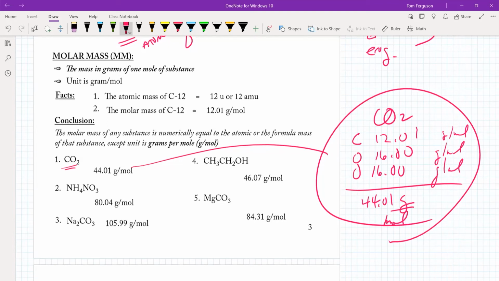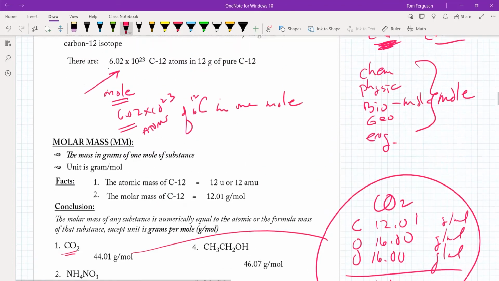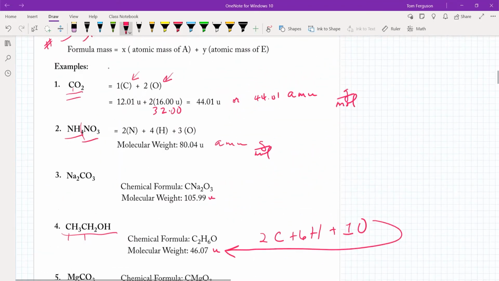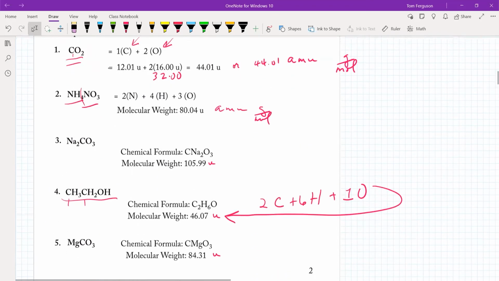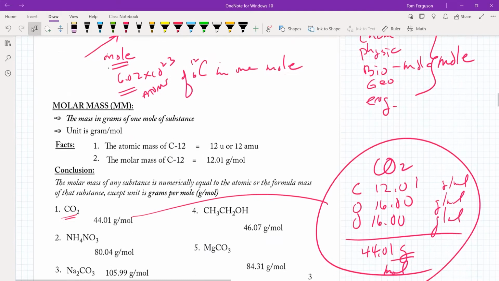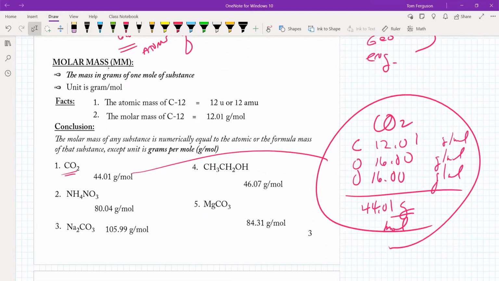Wonderful question. It depends on what we're talking about here. If we're talking about a molecular mass or formula mass, we're talking about AMUs. Now, AMUs aren't particularly useful, but molar mass is very useful, because then we're talking about grams and you can really be very useful.